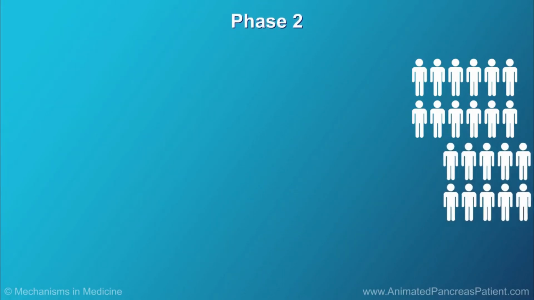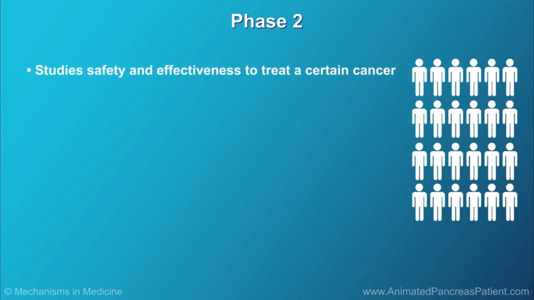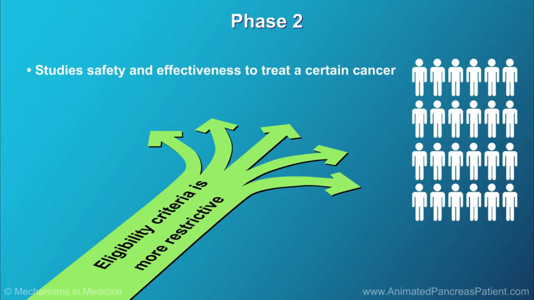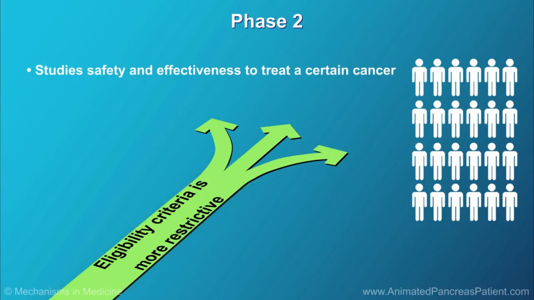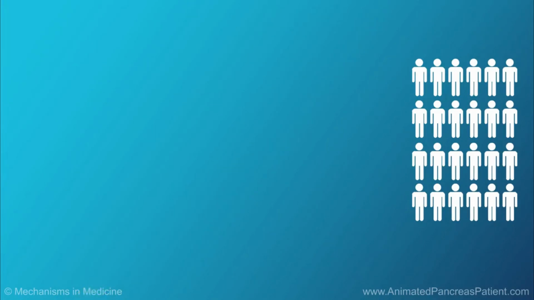Phase 2 is conducted with a larger patient group than the previous phase and studies how well a new treatment or combination of treatments works for a certain type of cancer, like pancreatic cancer. At this stage, the eligibility criteria become more restrictive. Phase 2 studies can be either randomized or non-randomized.